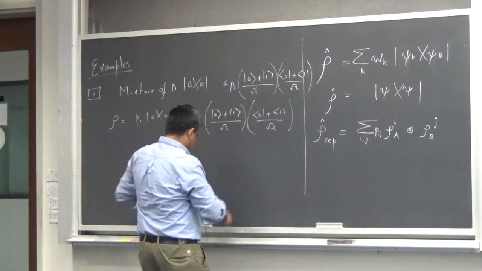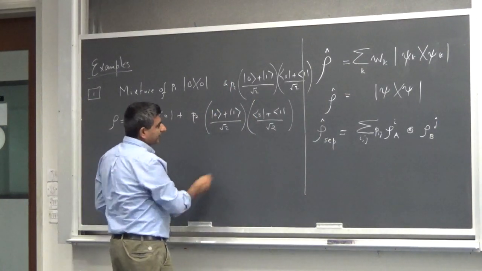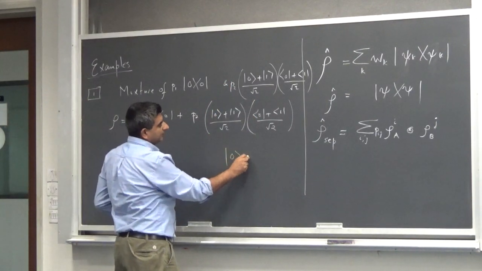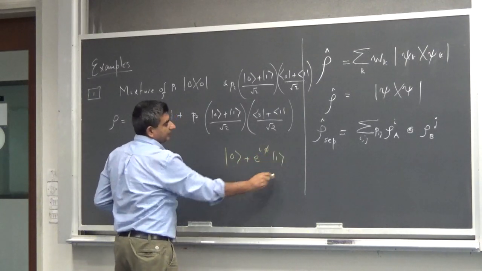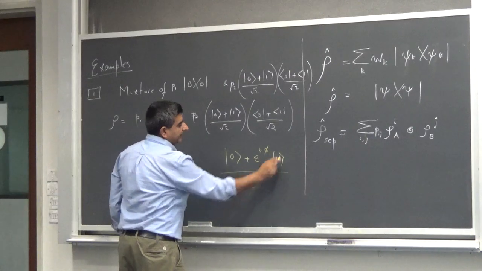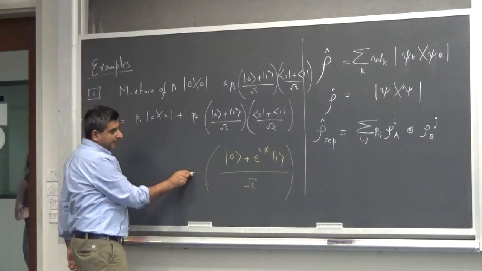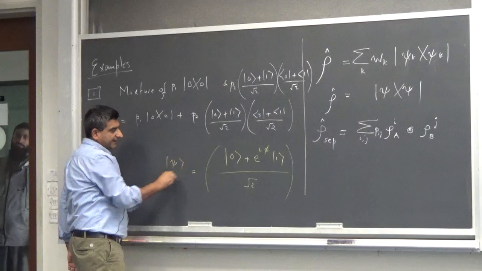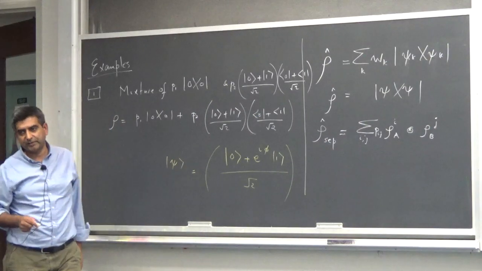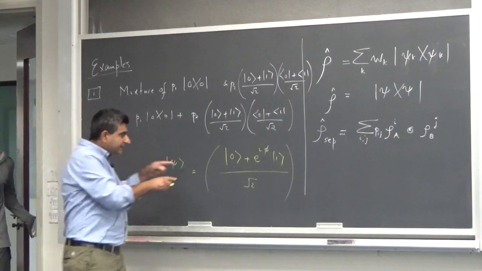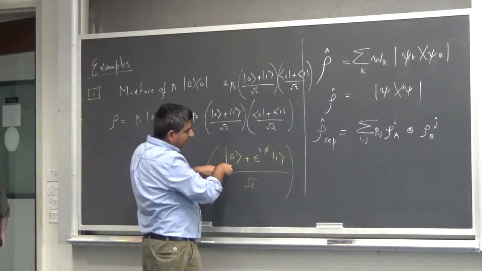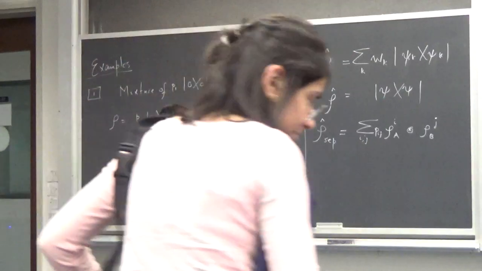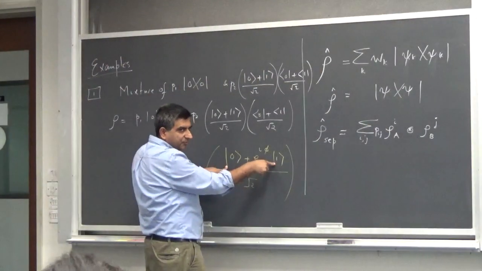This quantum state on its own can be represented as a ket. It's a pure quantum state. And this is a coherent superposition between two basis states, ket 0 and ket 1. It's a coherent superposition.